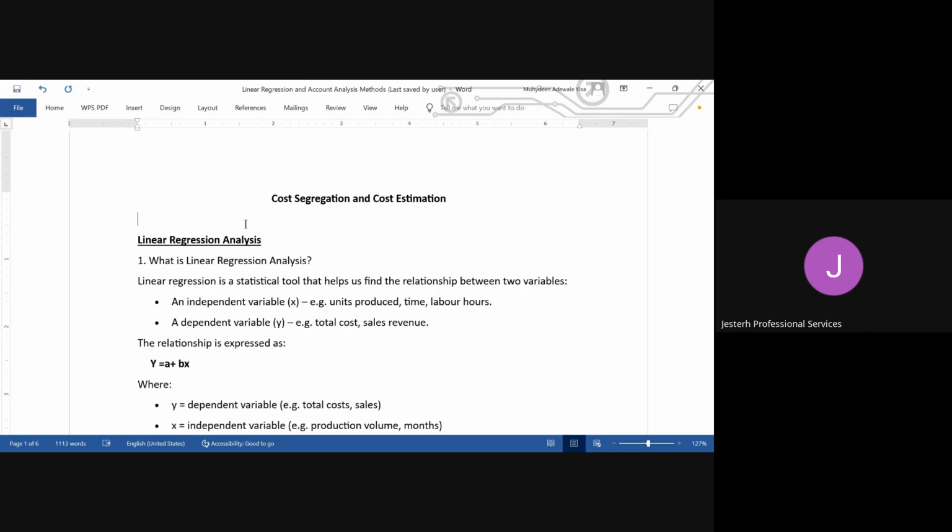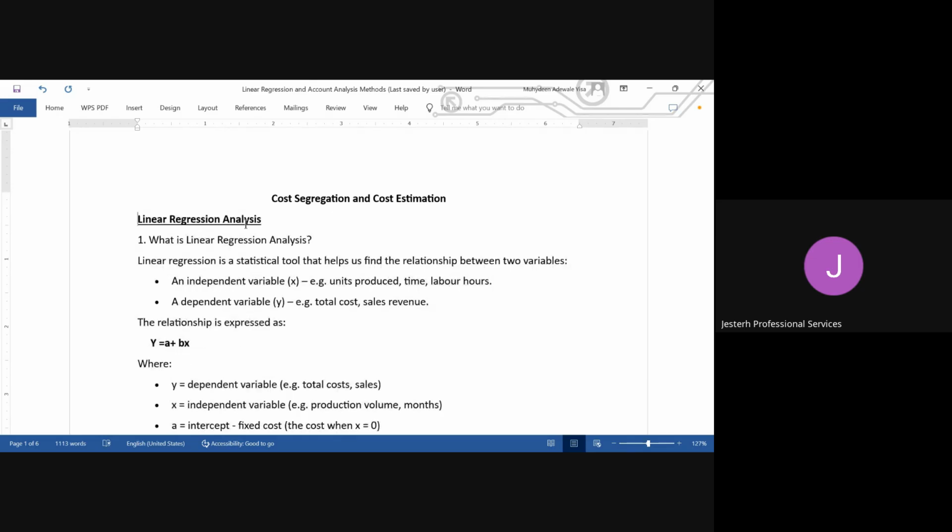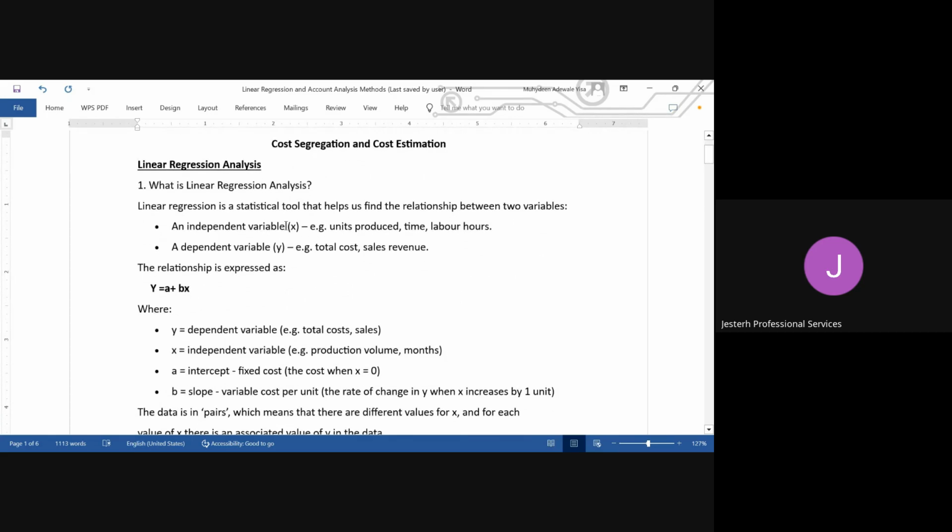And there is one formula which is very important that we have been using since we started this cost classification, which is y is equal to a plus bx. I want to believe that we still remember what that stands for. In linear regression, the way we usually use it is the same thing, but a little bit more broad.